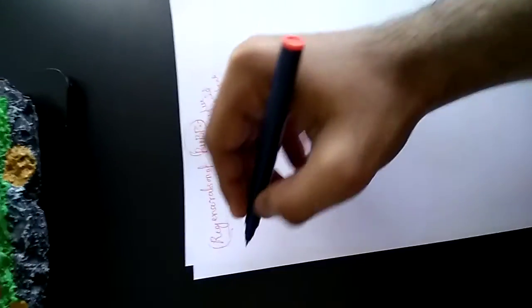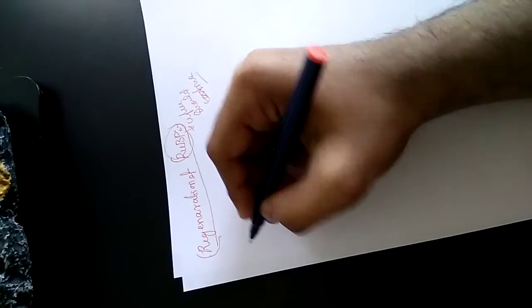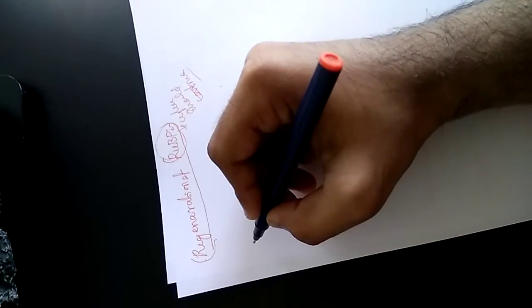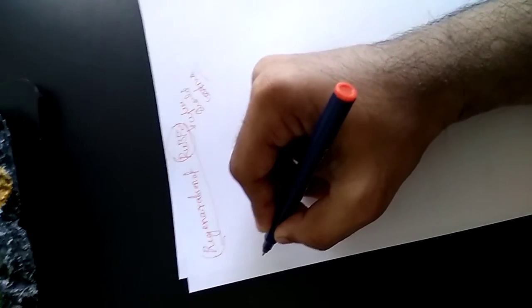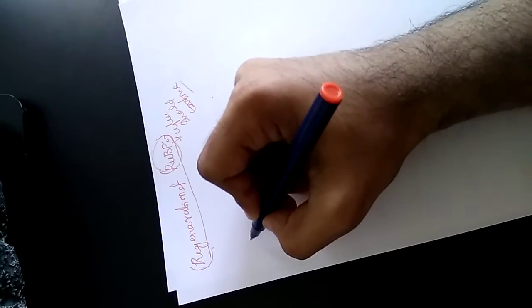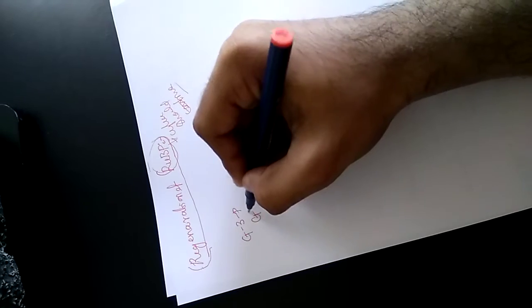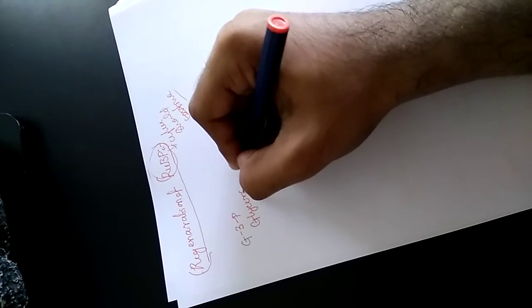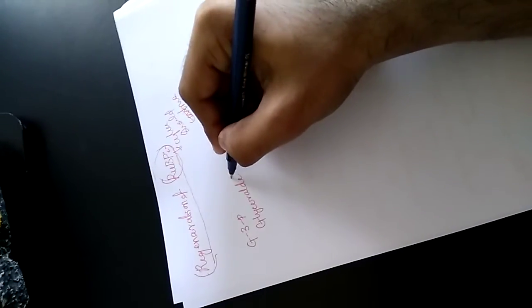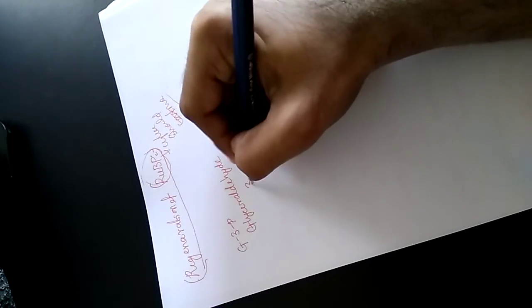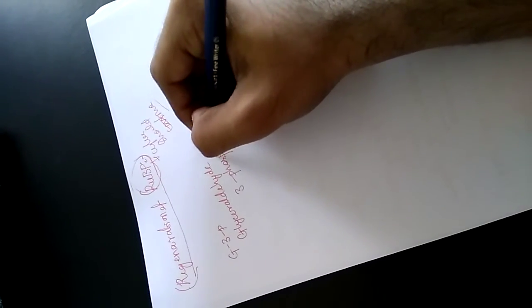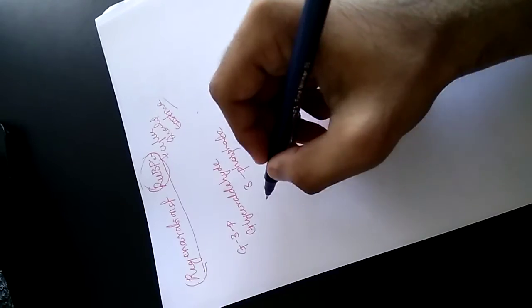So the product formed by the last step, the reduction, was G3P, glyceraldehyde 3-phosphate. So this is what was formed in the last step.